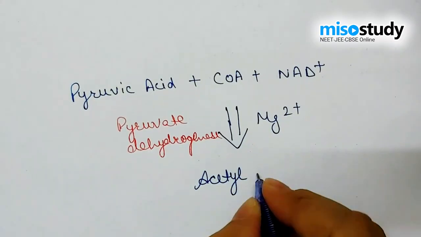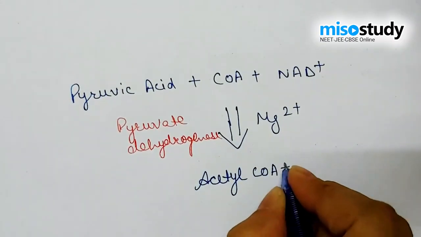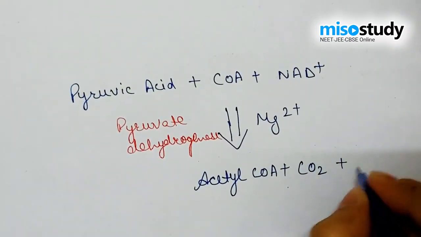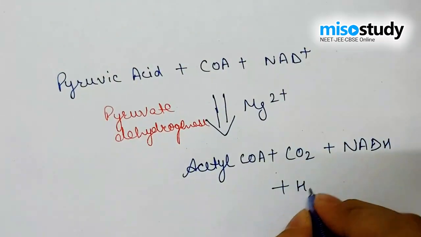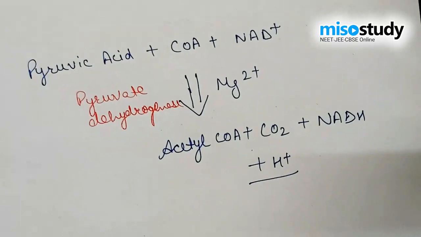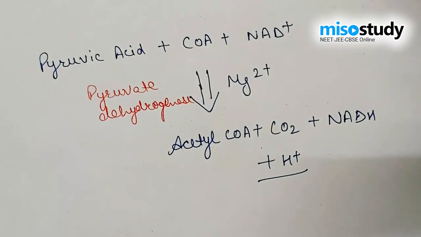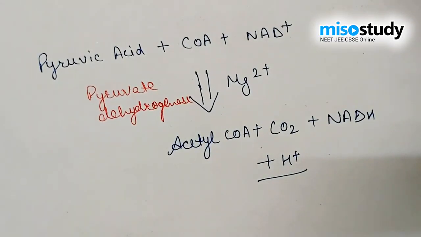The reaction gives acetyl coenzyme A plus carbon dioxide plus NADH plus H plus. This is the reaction which is generally asked in the question.